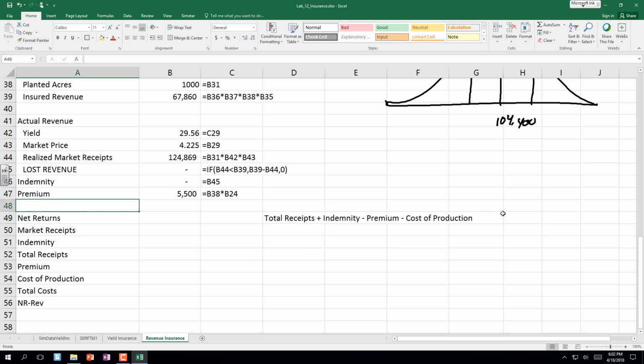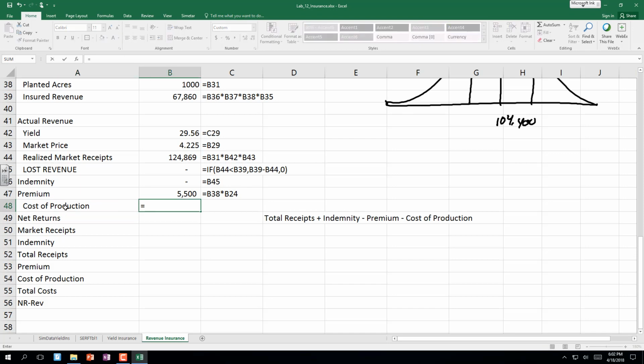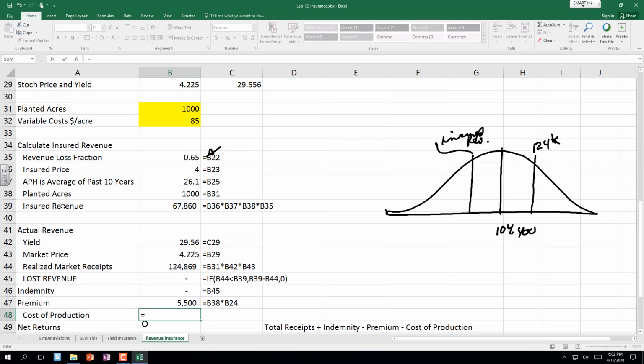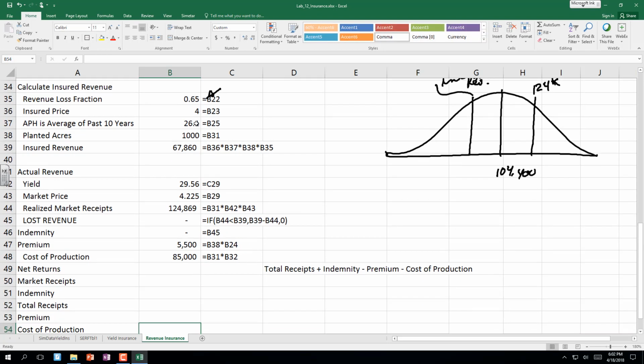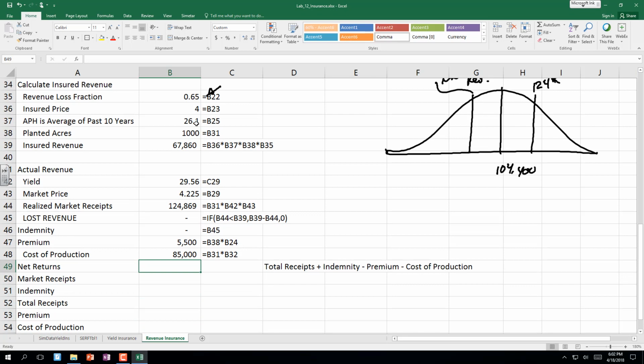And I really don't like to put all that stuff into a formula, so I'm going to add something here. Just put in cost of production. And that's equal to that 1,000 acres times $85 an acre. We have all the components we need for net returns.